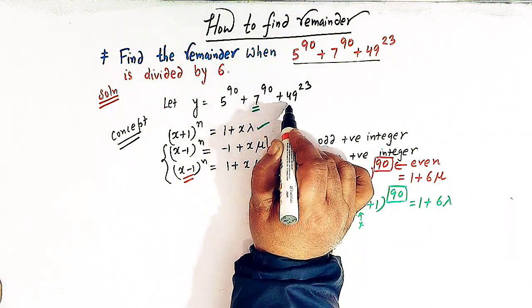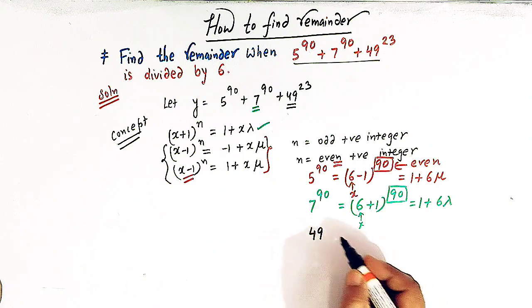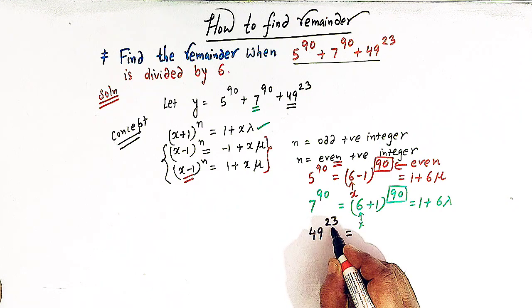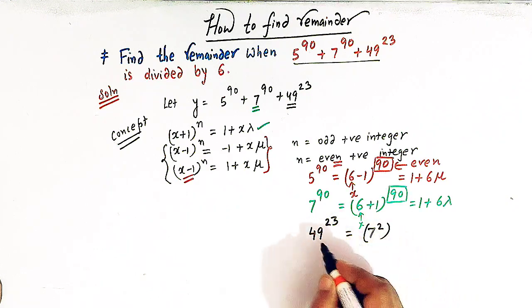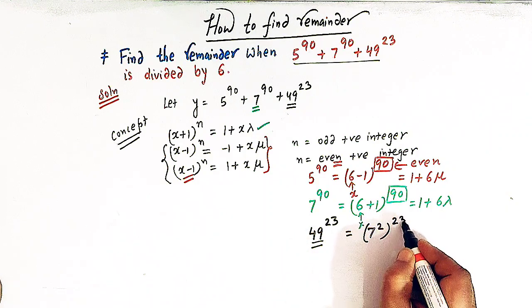Now let us take this number, 49 raised to 23. 49 can be written as 7 squared, and here we have 23.